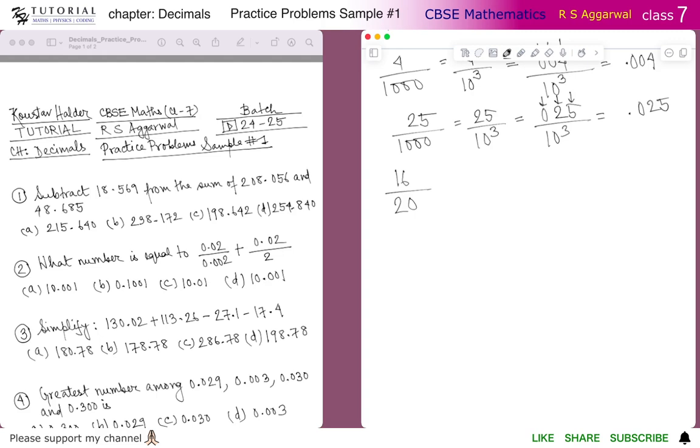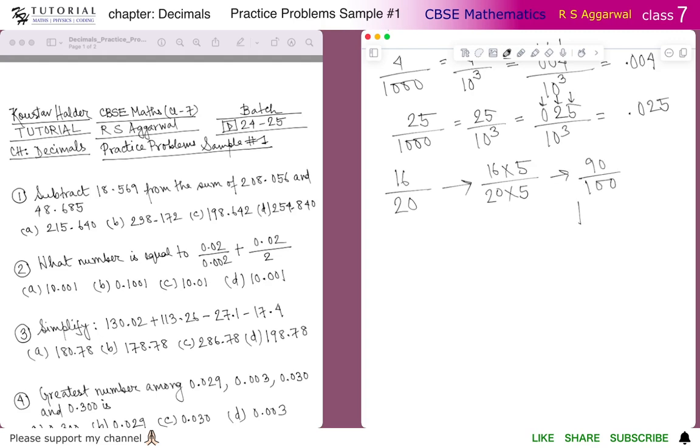But if I multiply 20 by 5, it will become 100. So I will first convert it to an equivalent fraction, so that the fraction becomes a decimal fraction. So what will I do? I will multiply both the denominator and the numerator by 5. So this becomes 90 by 100.